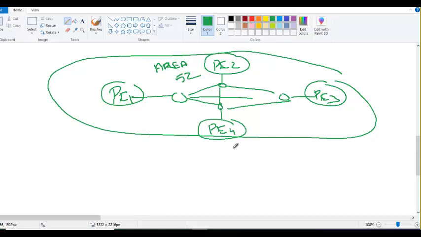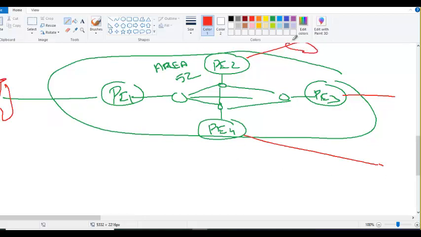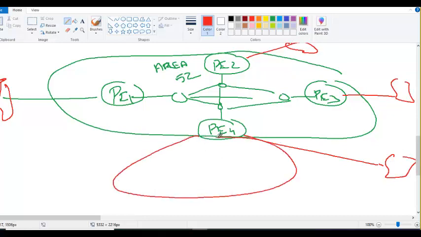Right. Now the customer enters here, it may leave this way or this way or this way. They're connected to other autonomous systems. The other area is here, area 0.